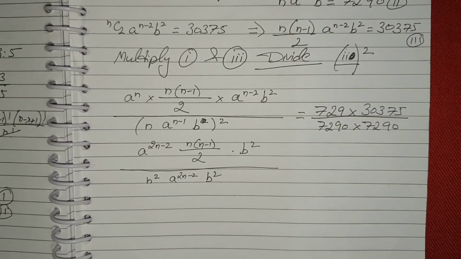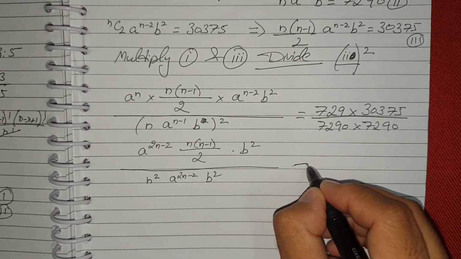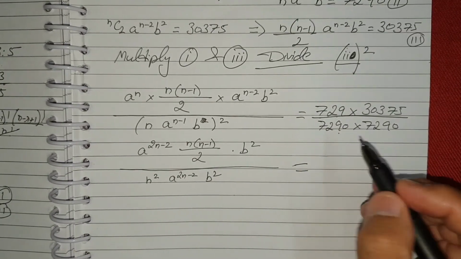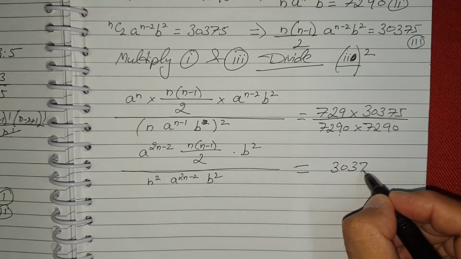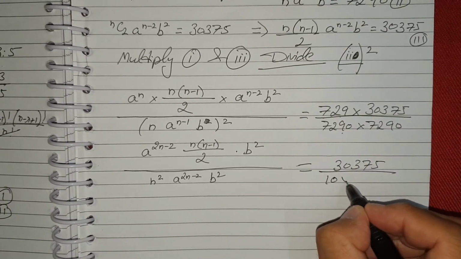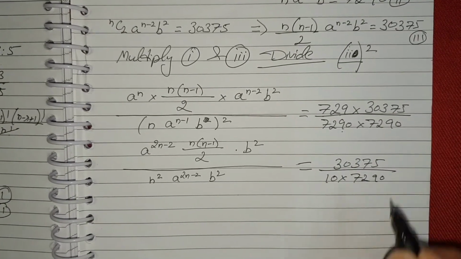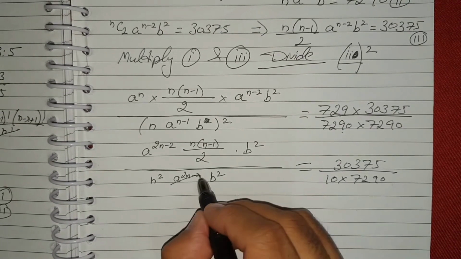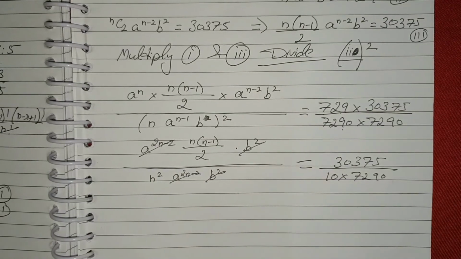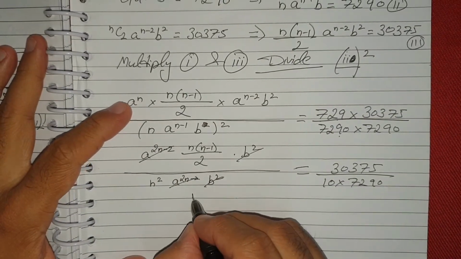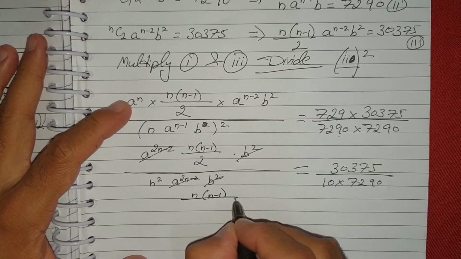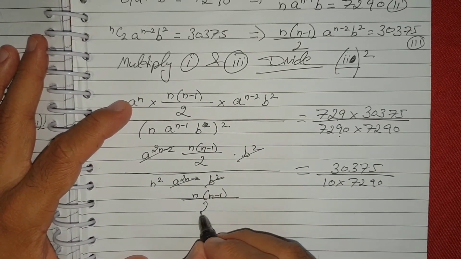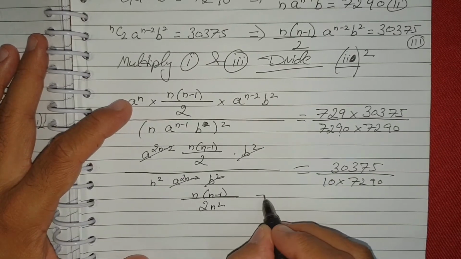Now this 7290 goes exactly 10 times. So you can write this as 30375 by 10 into 7290. Now see, this and this will directly cancel, this and this will directly cancel. So you are left with n minus 1 by 2n square, and again n will get cancelled.